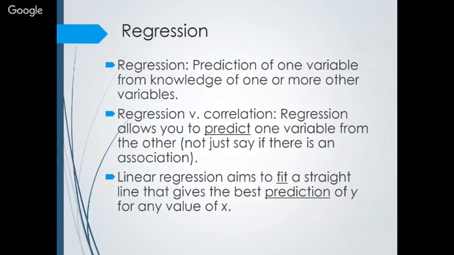Regression is the prediction of one variable from the knowledge of one or more other variables. That is regression analysis, because we have two or more variables. We have one y variable and an x variable.